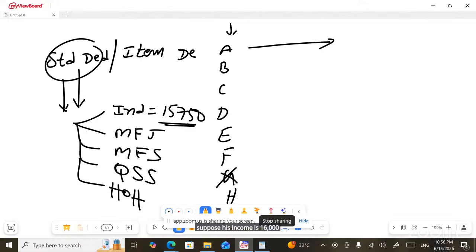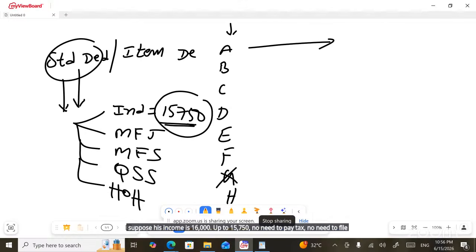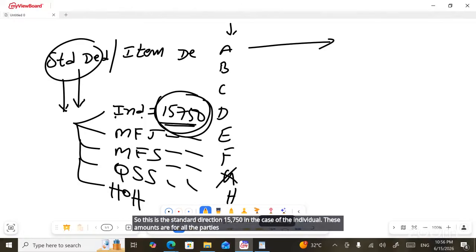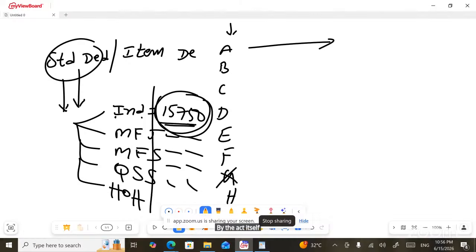Up to 15,750, no need to pay tax, no need to file the return. But on the excess part, you need to pay tax. This is the standard deduction, 15,750 in the case of an individual. These amounts are fixed for all parties by the Act itself. Of course, these figures change every year according to the decision of the government.